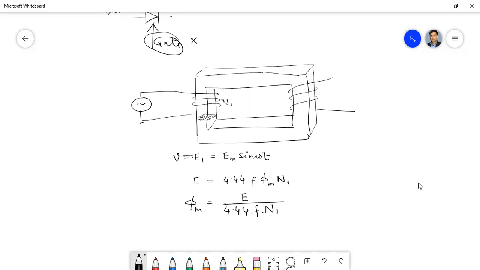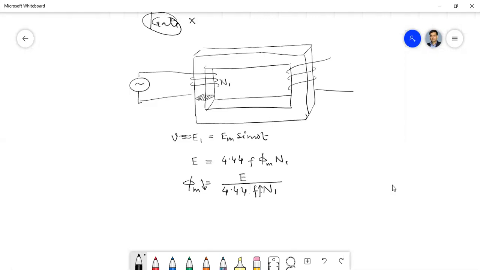Now, if the frequency is increased, if the other things are constant, then what will happen? The flux will reduce, isn't it? Are you getting?